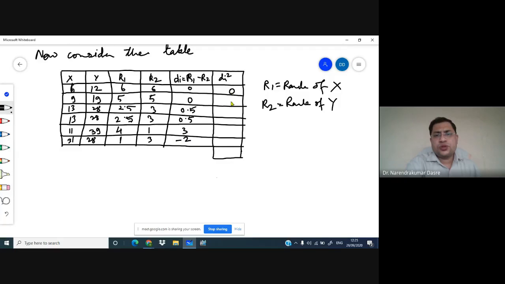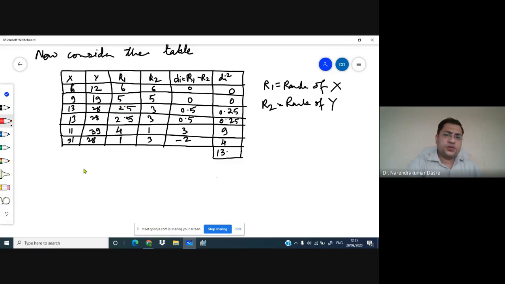So you have 13.5. Now as we know, there are repeated ranks. This rank is repeated 2 times and this rank is repeated 3 times. So we have 2 repeated ranks, M1 and M2.